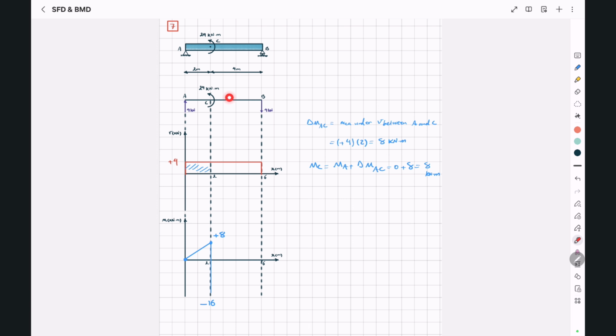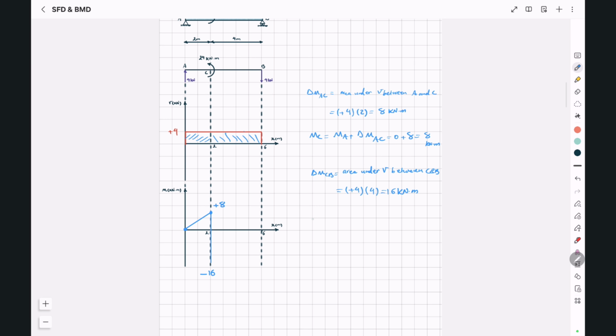Between these 2 points C and B, we don't have any other concentrated moments applied. So the change in moment between these 2 points can be determined by calculating this area. So delta M between C and B, or this area here, we have positive 4 again, multiplied by this distance, or 4 meters, which is 16 kilonewton meter.